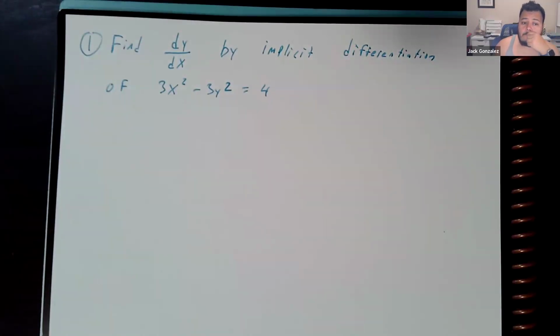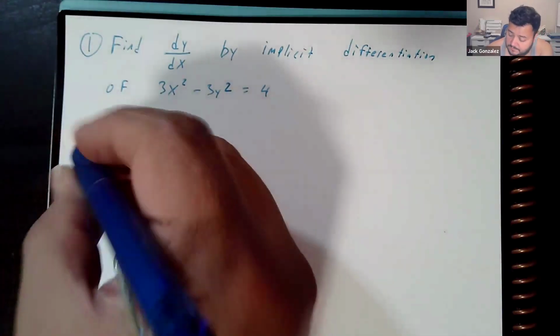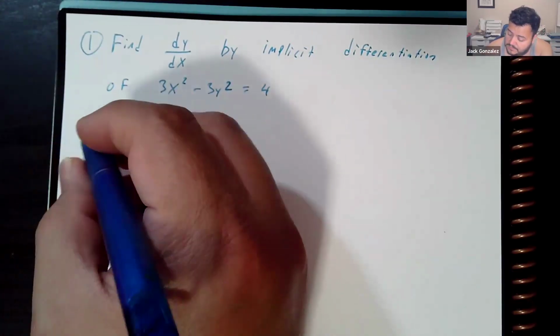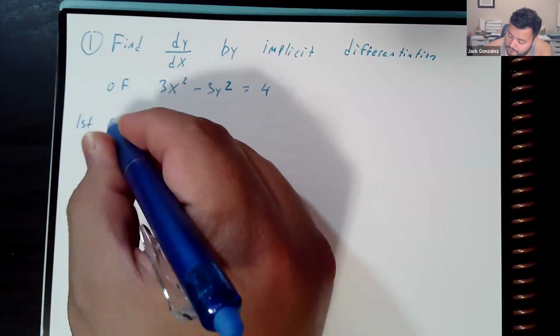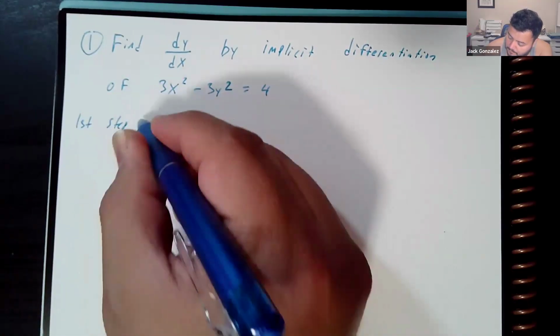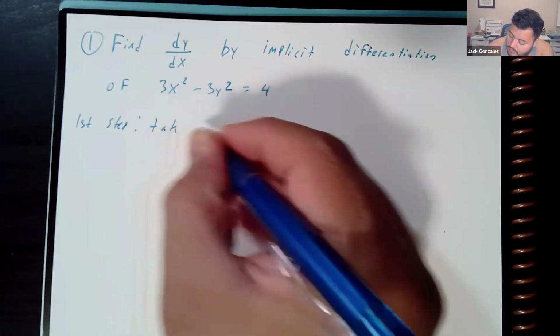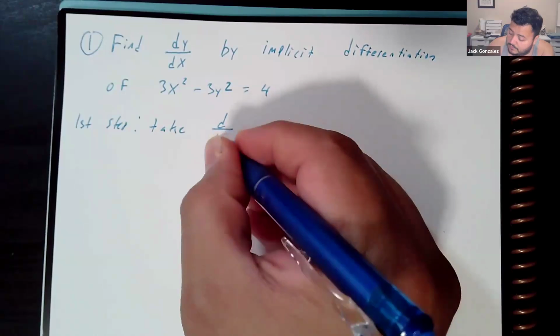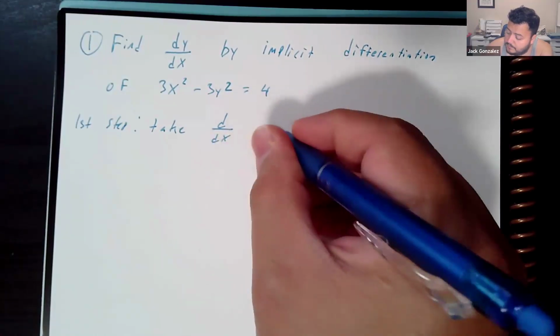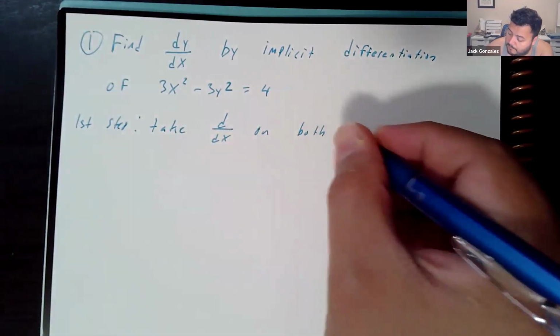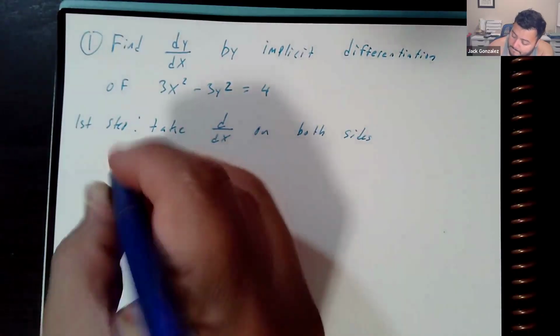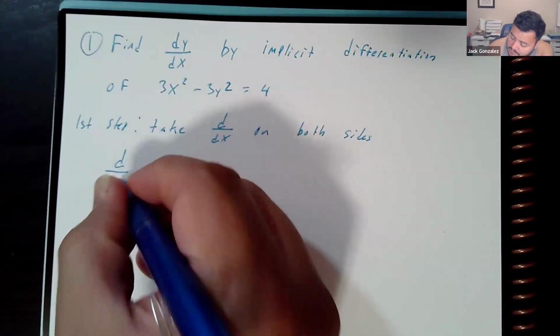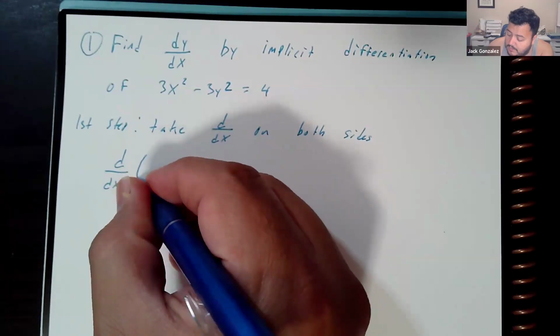Okay. So do the same nonsense. First step is take the derivative with respect to x on both sides. So d dx eventually is going to end up being every single term.